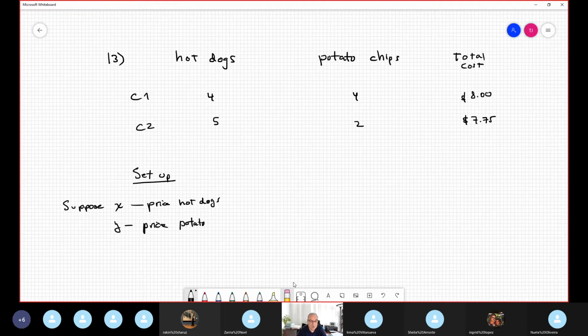Okay, so my first equation: you multiply 4 hot dogs times the unit price, and you get the money corresponding to the hot dogs for customer one. So the equation in this row, customer one, is 4x plus 4y equal $8.